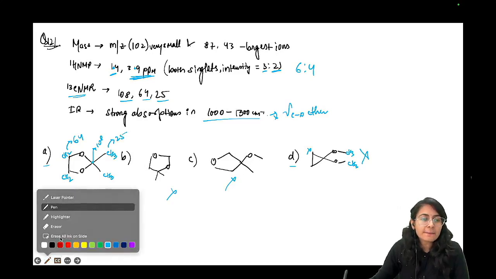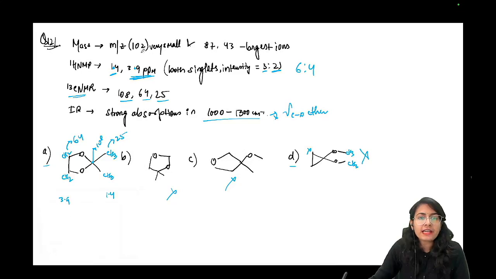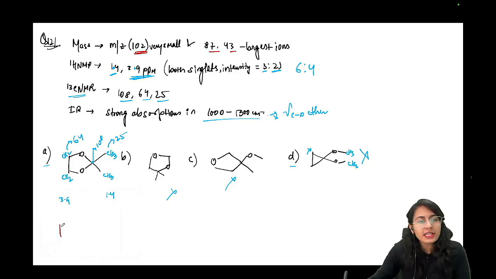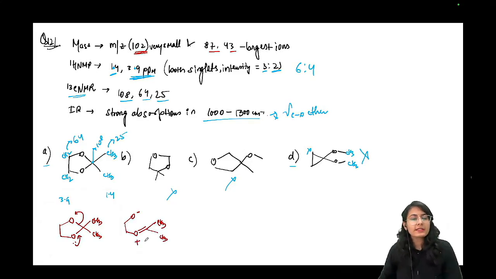How nice. Then we have mass value 102 very small, 87 and 43. How can we do the fragmentation? What is this? It is an acetal, isn't it? This is acetal only. How can we push this away? O minus, it is going to be like this.